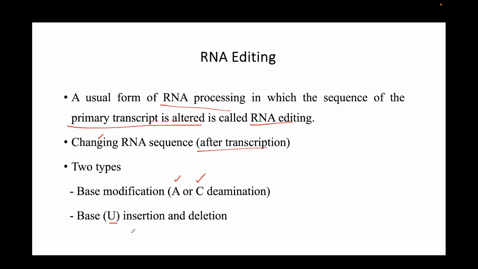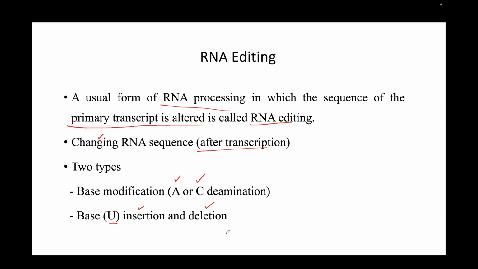In RNA, uracil is present in place of thymine. That is, thymine, which is present only in DNA, is replaced by uracil in RNA. So uracil insertion or deletion can happen in both ways.